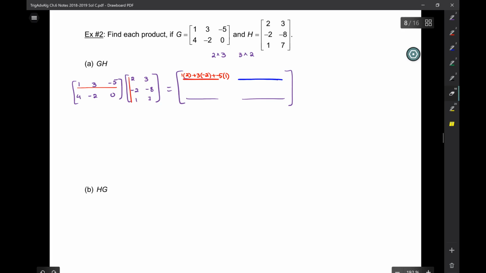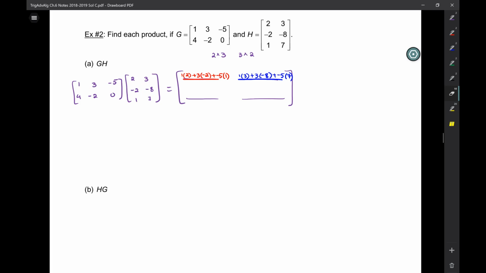So I erase this one. I'm going to do row 1, column 2. So 1 times 3, 3 times negative 8, negative 5 times 7. Later, you don't have to write even this much.